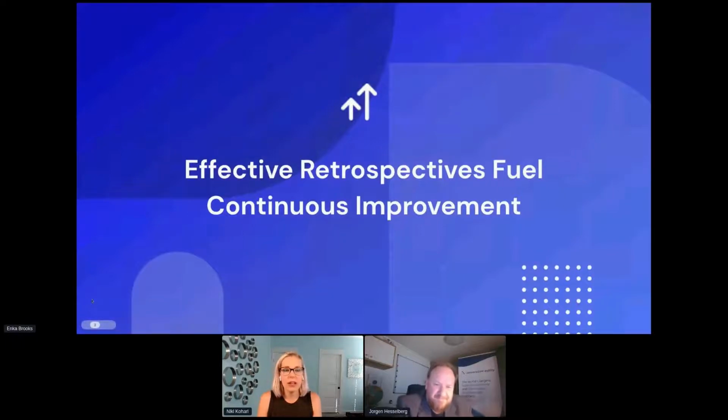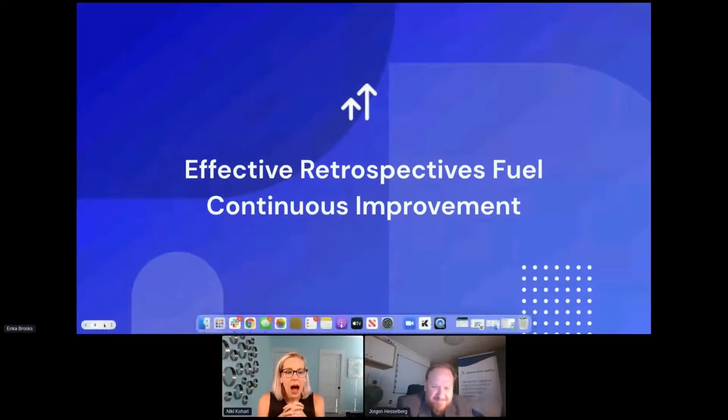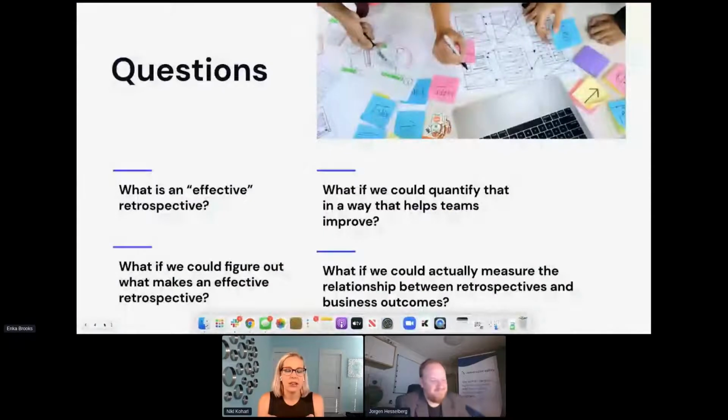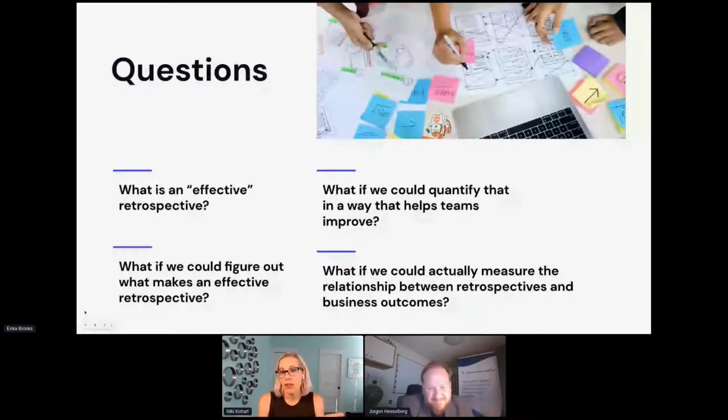So this led me to wonder, of course, when I get these crazy ideas, a couple of things. If you want to go to the next slide for me, what is an effective retrospective anyway? That's interesting. We see them happen all the time, but what does effectiveness really mean? And if we could figure out what an effective retrospective is, can we actually quantify that?